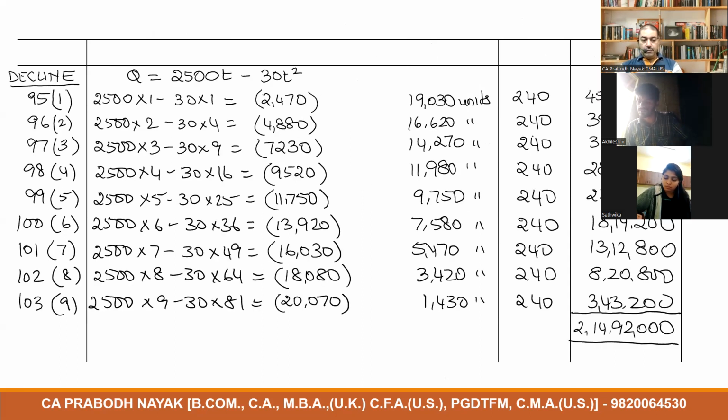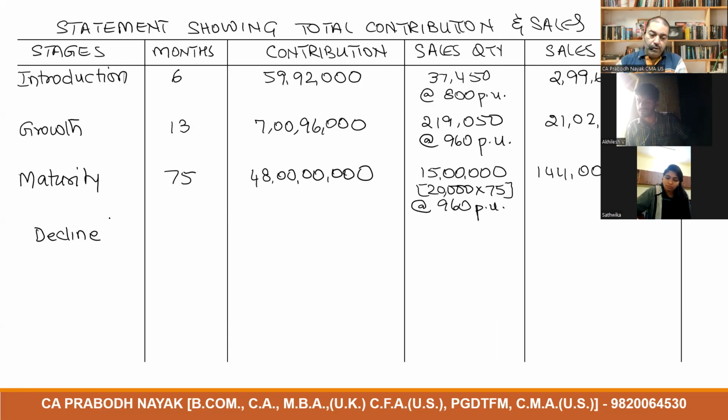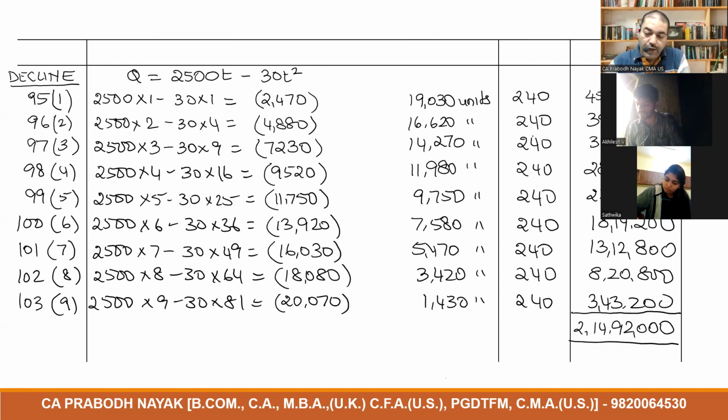Decline stage. Decline stage is 1 to 9, so only 9 months. Total contribution we have calculated 2 crore 14 lakh 92,000.